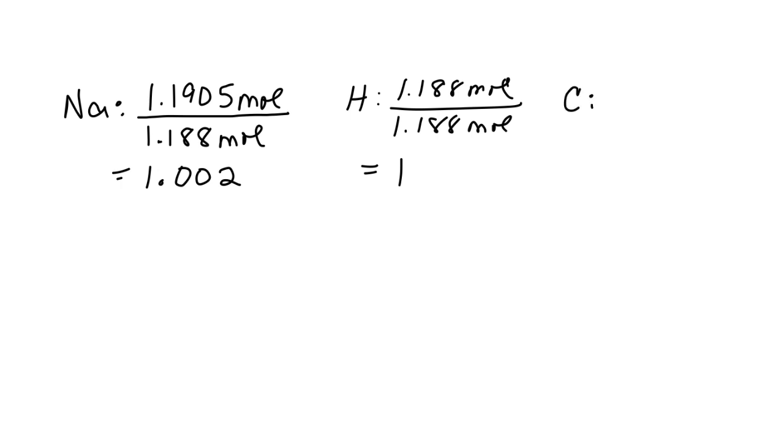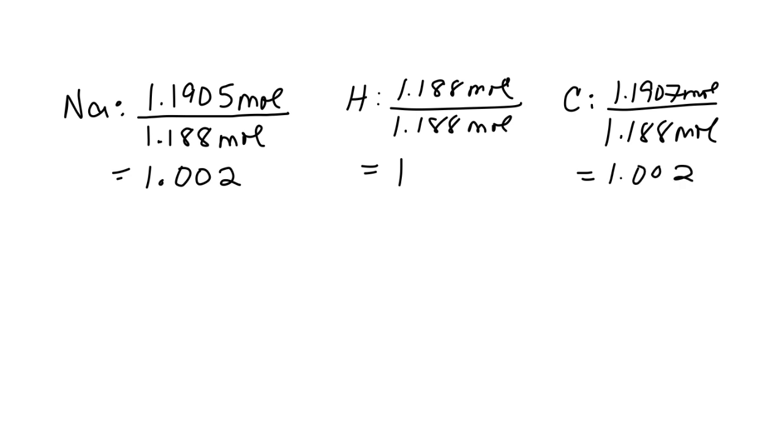Let's do it for carbon as well. So for carbon, we had a mole value of 1.1907 mole, and then we divide by 1.188 because that's the smallest, and this works out to be 1.002. So again, we see very close to factors of 1. For oxygen, oxygen's moles were 3.5713 mole.